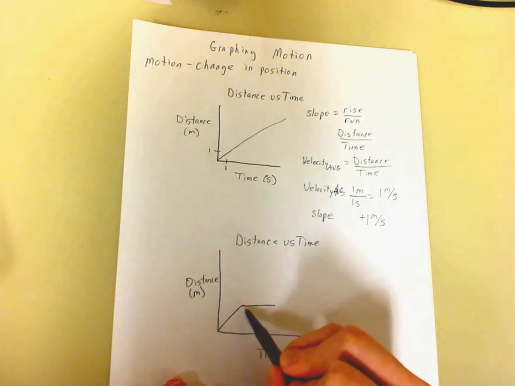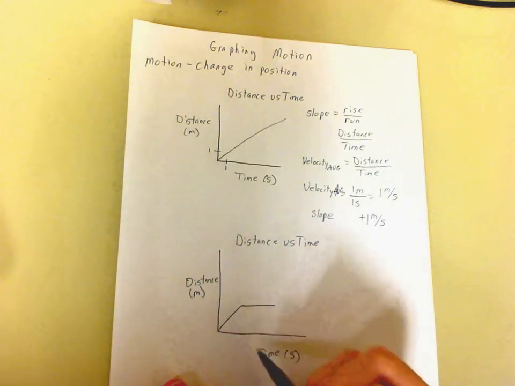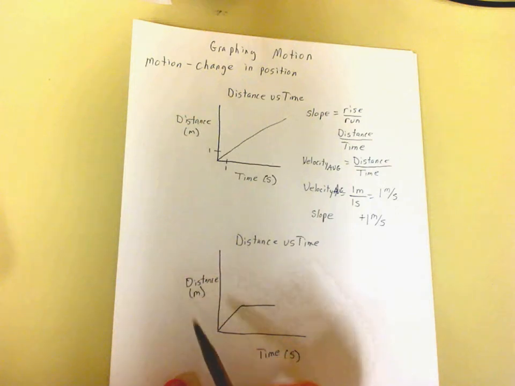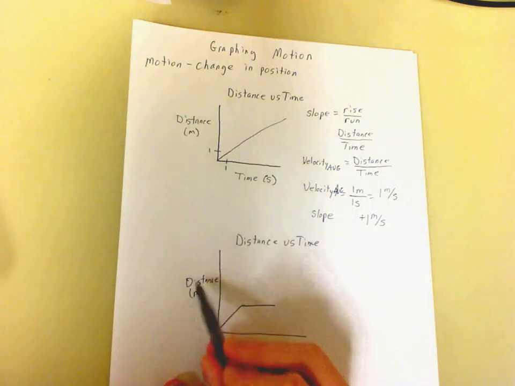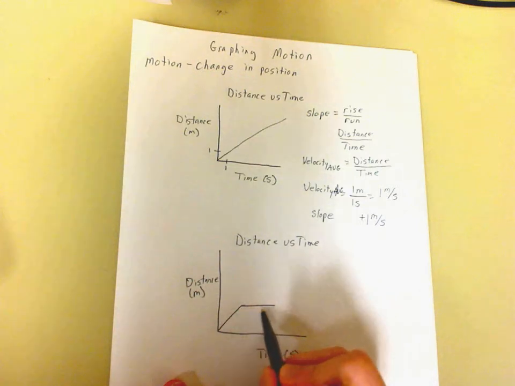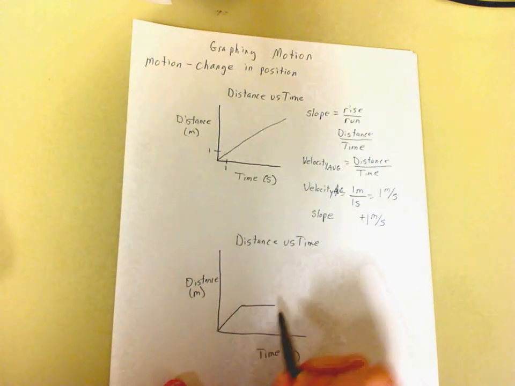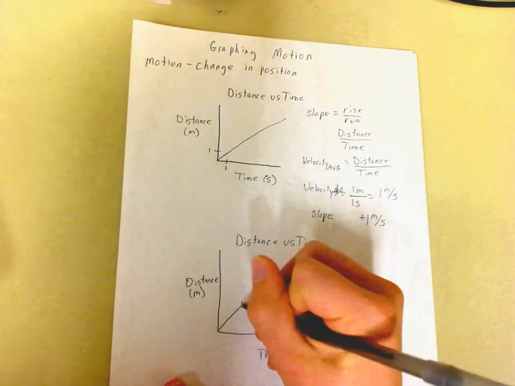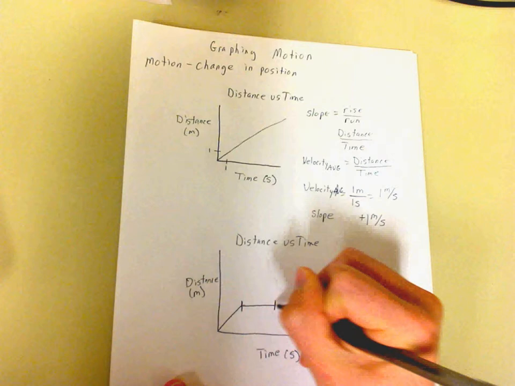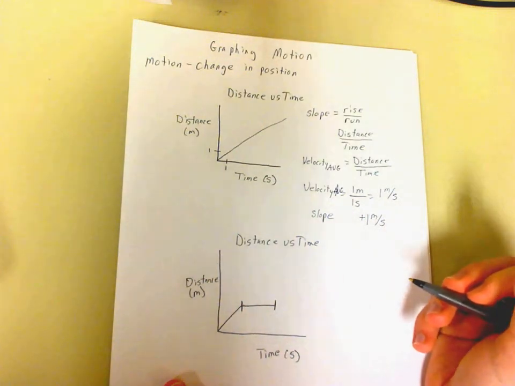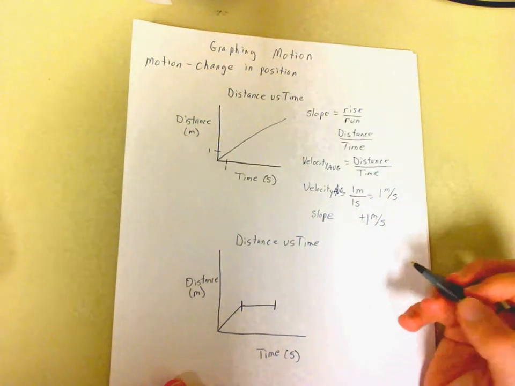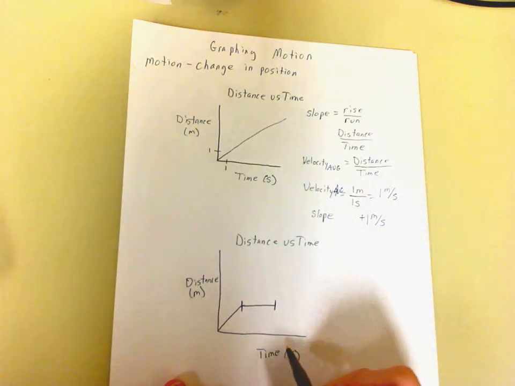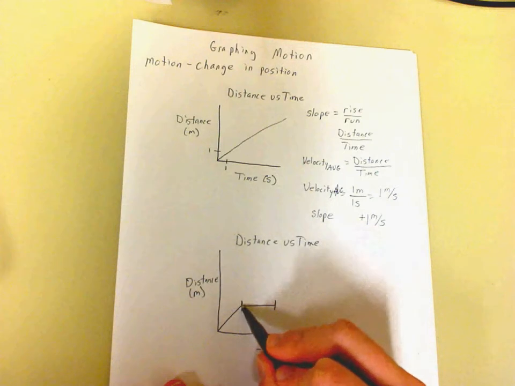Well, remember that this is talking about distance. And since your distance is on your y-axis, there's no change on the y-axis. So between this section and this section, this object is no longer moving. It is at rest. It doesn't change on the y-axis, but time continues to go by. And so this object is at rest between here and here.